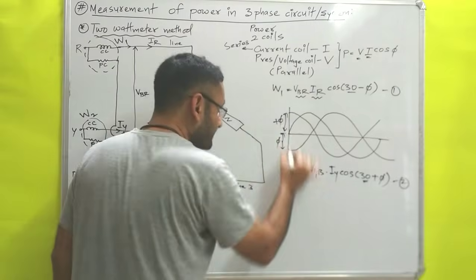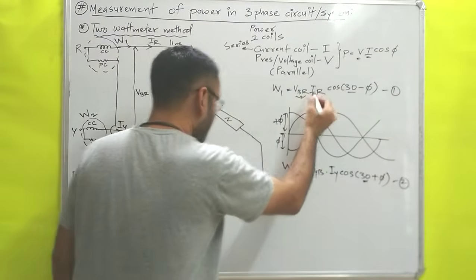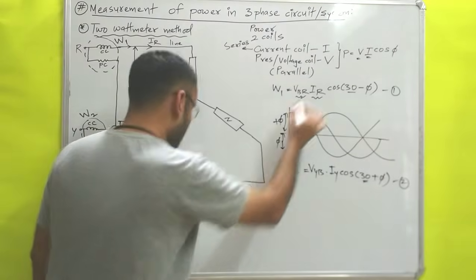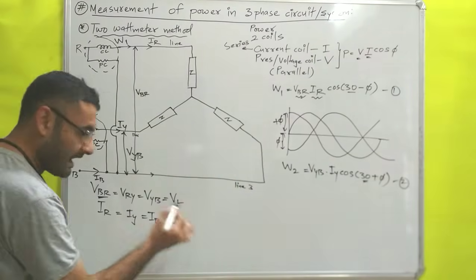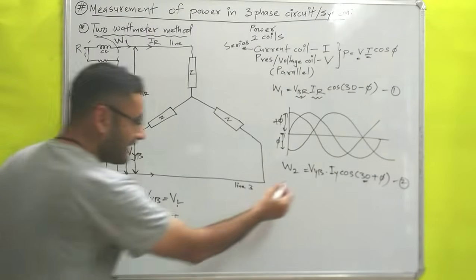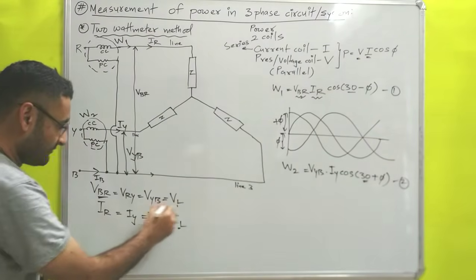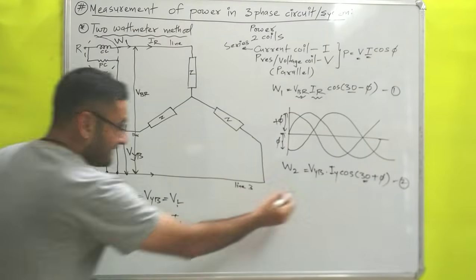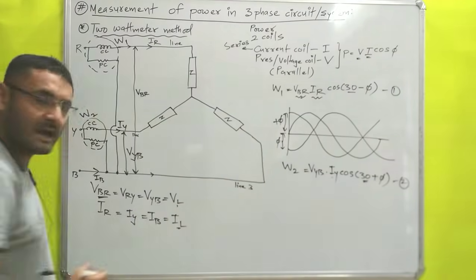So now in both of these equations, we will replace the value of VBR as VL and IR as IL. Similarly, for VYB the line potential is VL, and for IY the line current is IL.